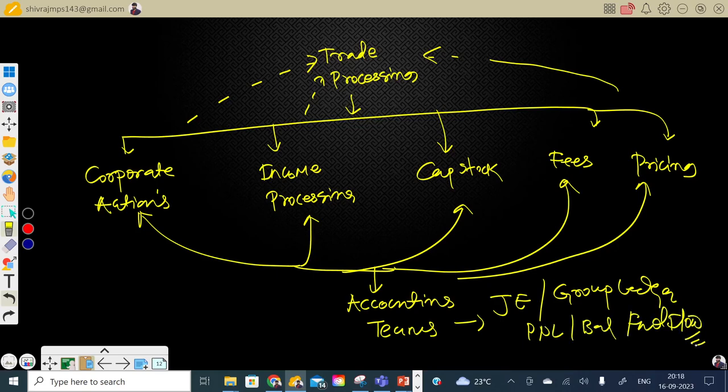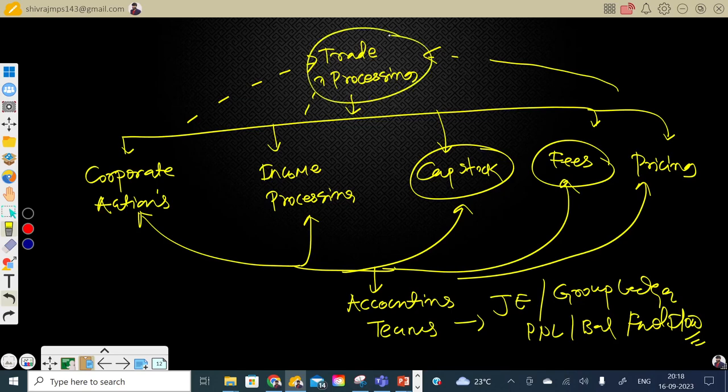That's where your accounting team's role comes into the picture. So whatever accounting entries we posted, now you can relate with it. We discussed the accounting entry related to fees, to cap stock, to corporate action and income, which wasn't included in that particular example. We discussed the accounting entry with the trade processing part as well.